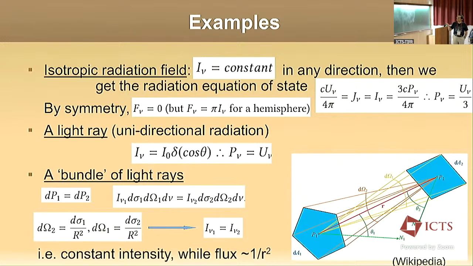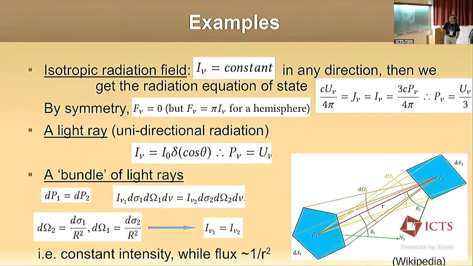And what you get is that the mean intensity, which of course is the energy density divided by 4 pi and times c, is the same as the intensity, which is the same as, well, some constant times the radiation pressure.